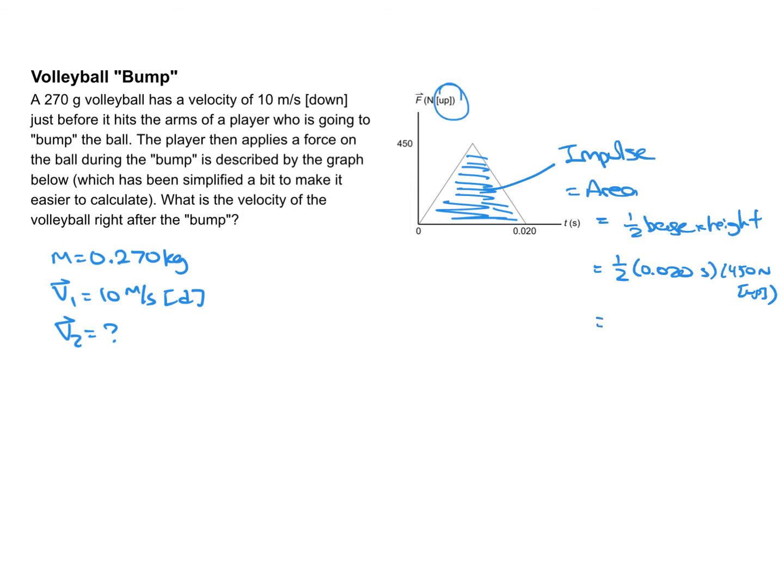So I calculate that. I believe that would give 4.5 newton seconds, which is the same as our units of momentum, kilogram meters per second up. Okay, so that's our impulse.